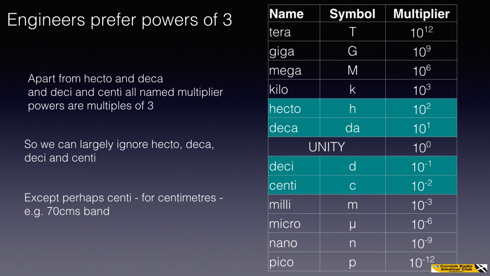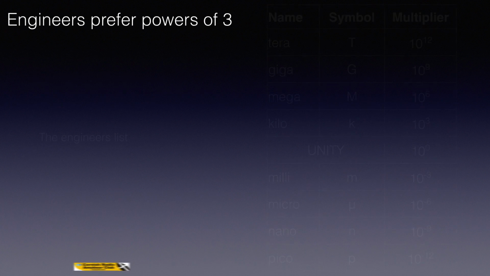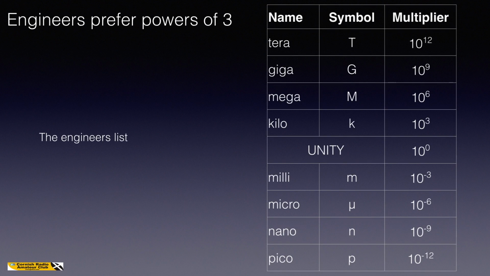So if that's the case, this would be the engineer's list. And these are all of the prefixes and multipliers and symbols for them that you need to know right up to the advanced course. So bigger than 1, kilo is 1,000, mega is 1,000,000, giga is 1,000 million, and tera is 1,000,000 million.